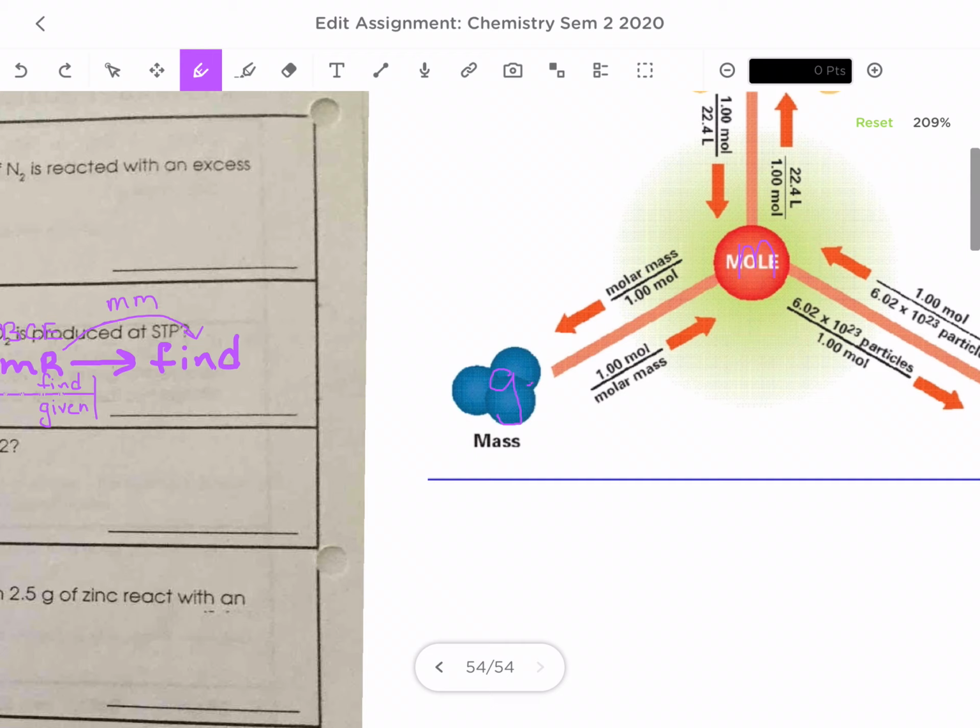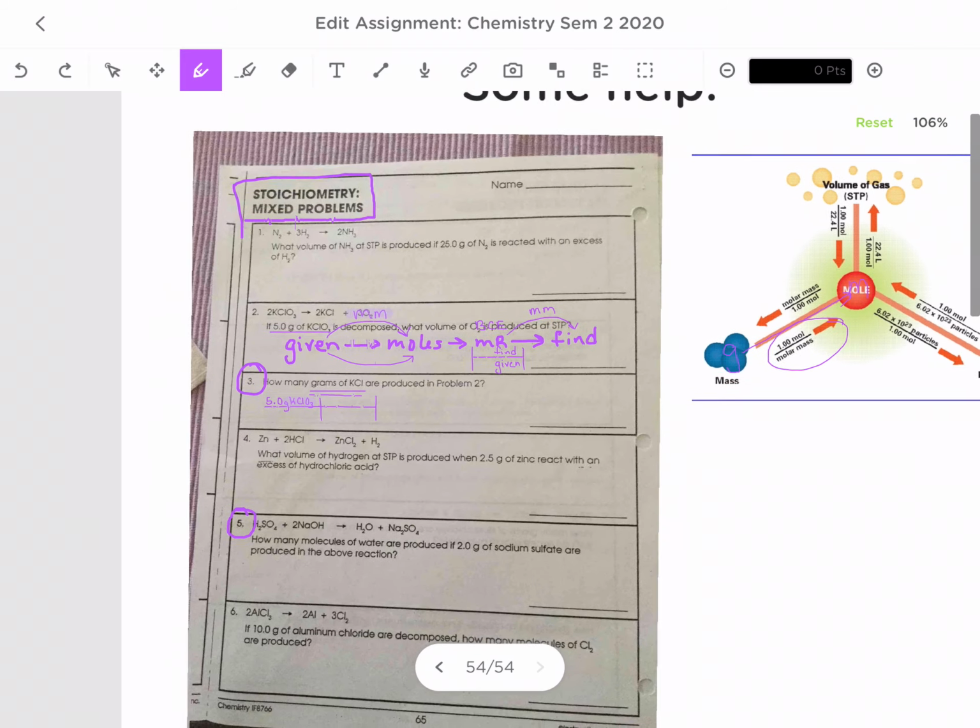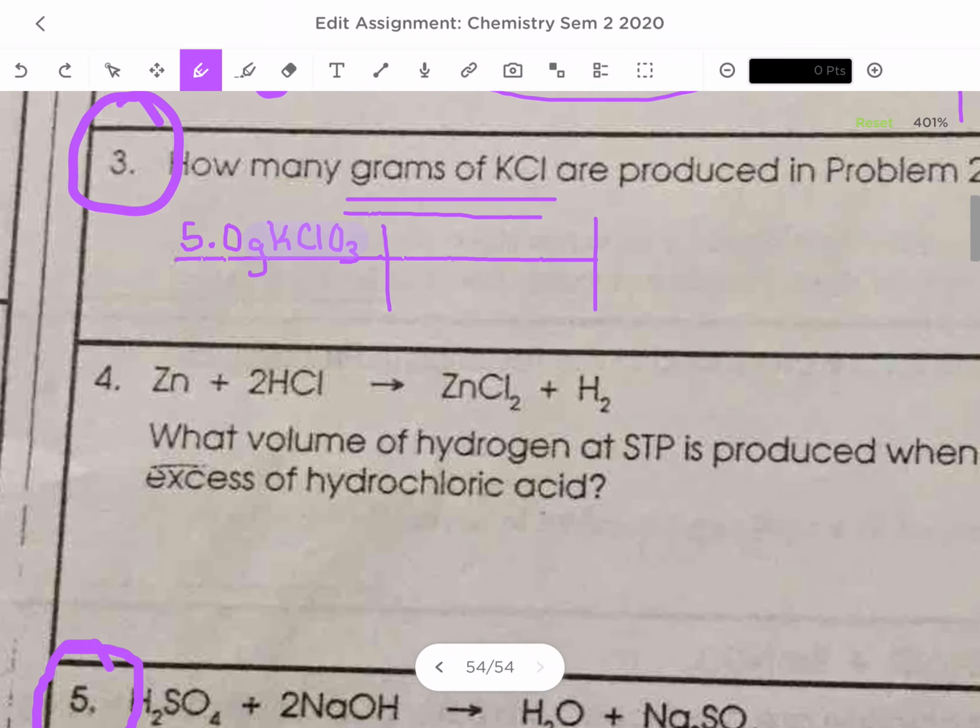So we're going to go this way, and right here is our total amount. It says 1 mole over the molar mass. So if I go back over here, I'm going to write 1 mole of KClO3. See how I included that KClO3 on there? That makes it a lot easier in a minute because I know exactly what unit I'm in.